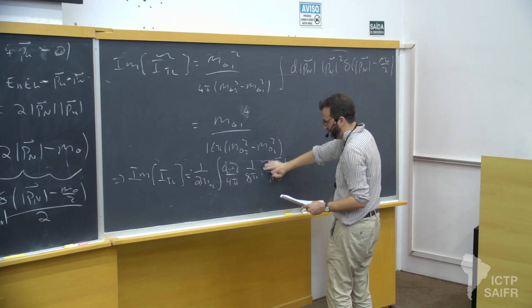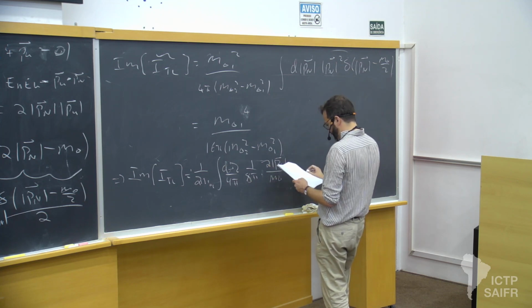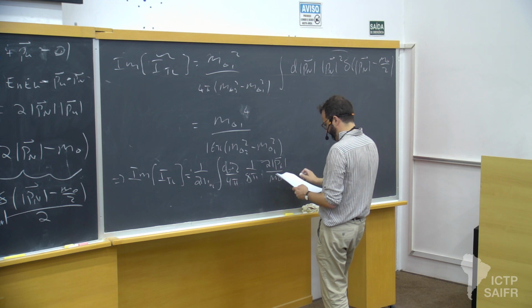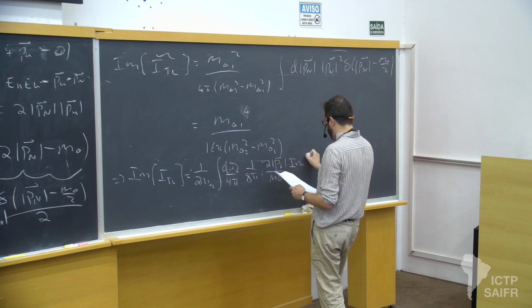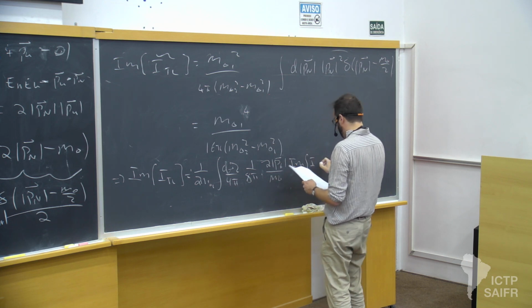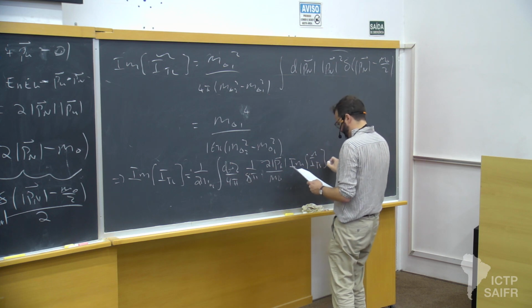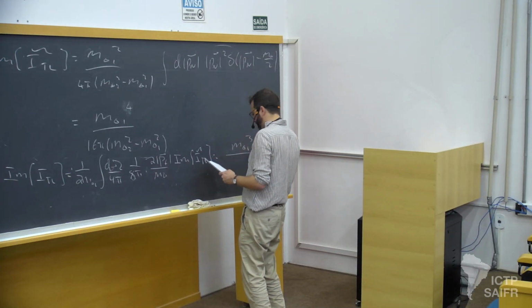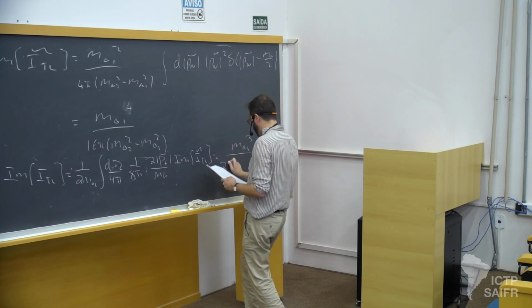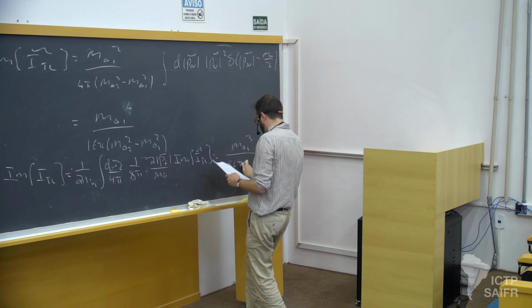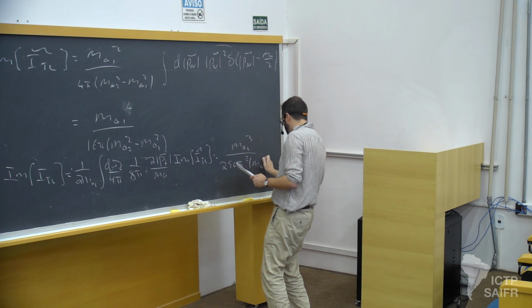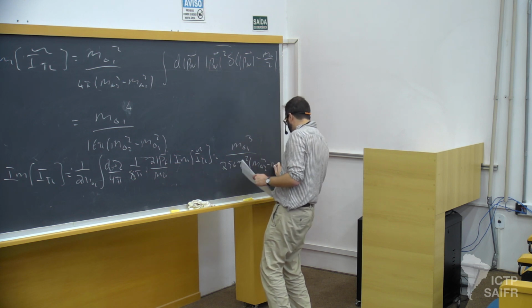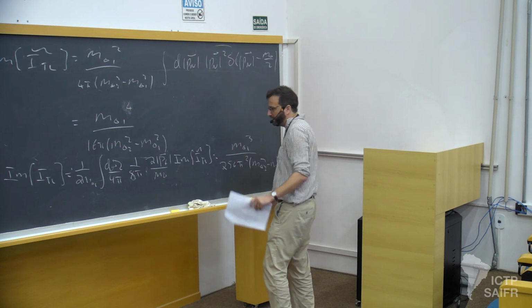This factor here also gives us 1. And then the imaginary part of ITL gives us m delta 1 cubed over 256 pi squared m delta 2 squared minus m delta 1 squared. Okay.